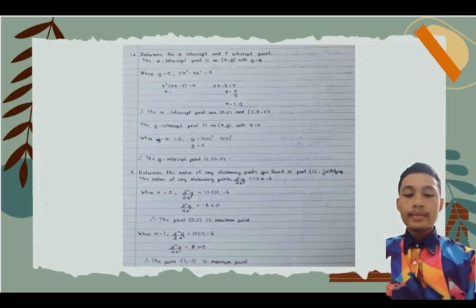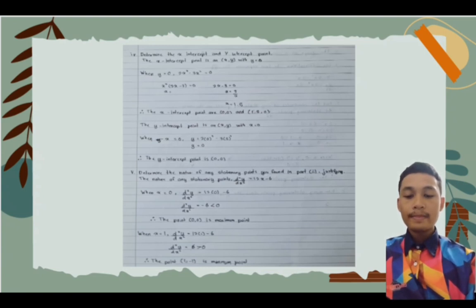When x equals 0, d squared y over dx squared equals 12 in bracket 0 minus 6, which equals minus 6, smaller than 0. The point (0, 0) is a maximum point.